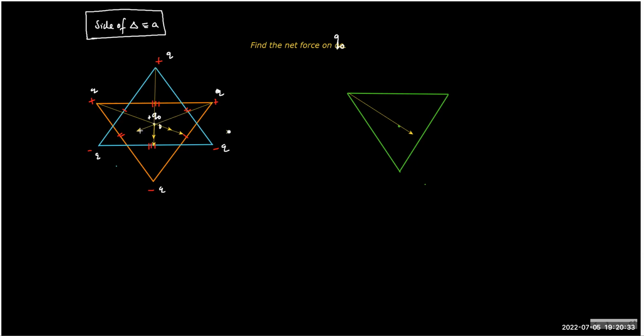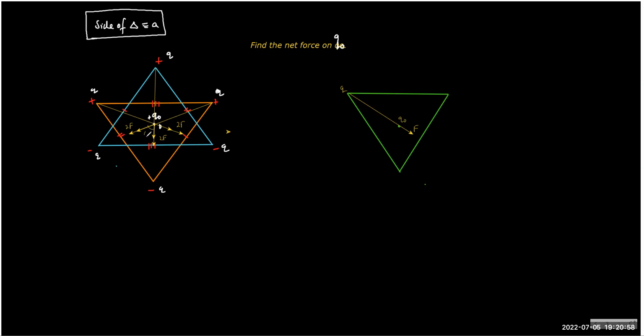The opposite charge will attract, like this. And if I call just one force between two charges F, you can see we have 2F here, 2F here, and 2F here. And this angle is how much?